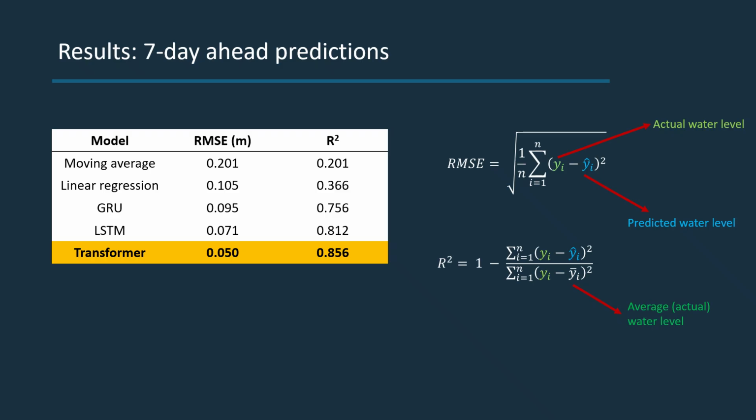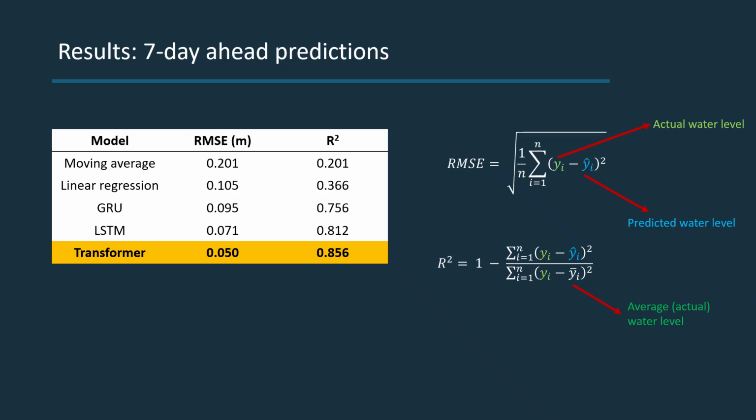So to go into a little more detail about the metrics used here, RMSE is calculated as in the formula shown on the right. RMSE, as you can see, is composed of the difference between the actual water level and the predicted water level. The R-square metric is computed as in the equation shown at the bottom on the right side.